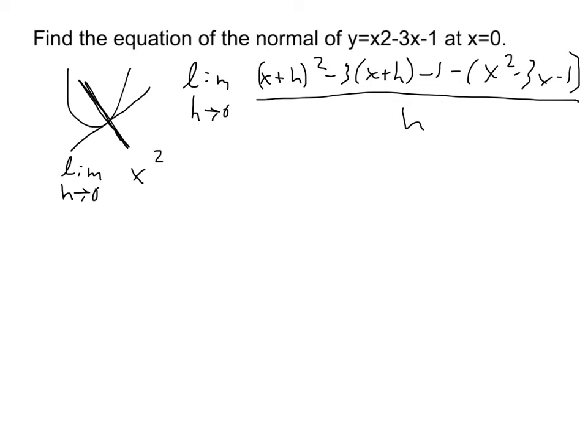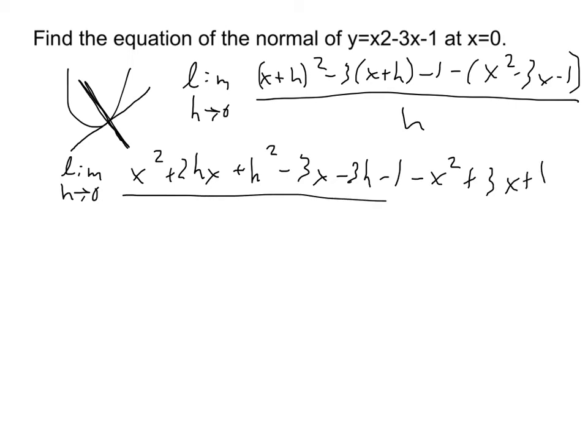x squared plus 2hx plus h squared minus 3x minus 3h minus 1 minus x squared plus 3x plus 1 all over h.